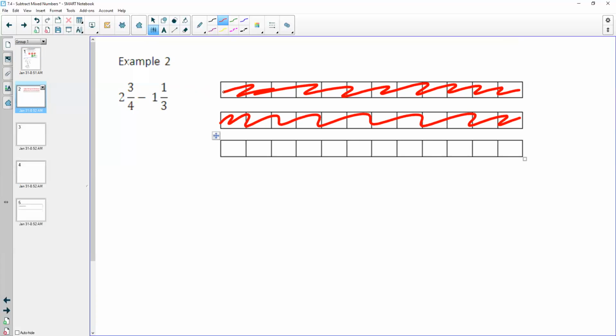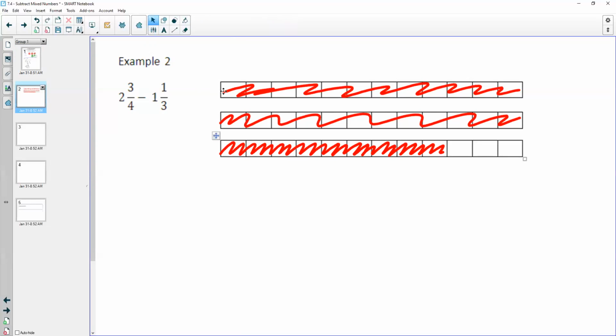So 3/4 of 12 will be 9. If I just multiplied the 3/4 fraction by 3, we will get 9/12. Okay, so this is 2 3/4.